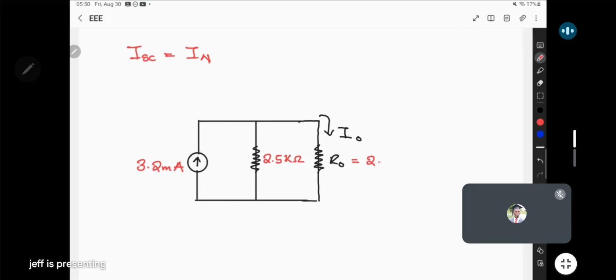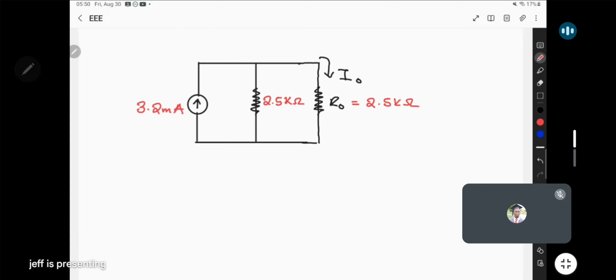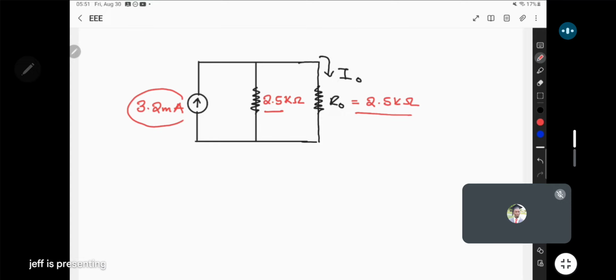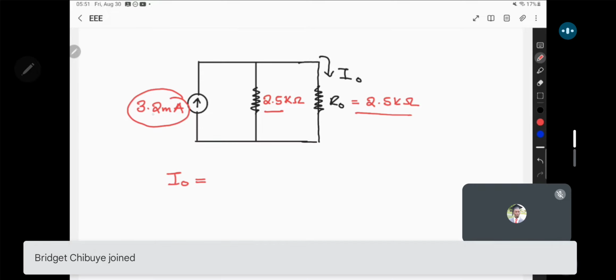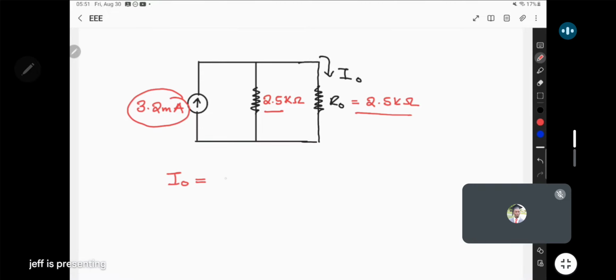It must also be 2.5 kilo ohms. Now, in this way, we can easily find what R0 has to be. And guess what? Because these are the same, when we use current division here, they will share this current equally. So the current I0 here will just be equal to half of 3.2, so it will be equal to 1.6 milliamps because they will share equally.